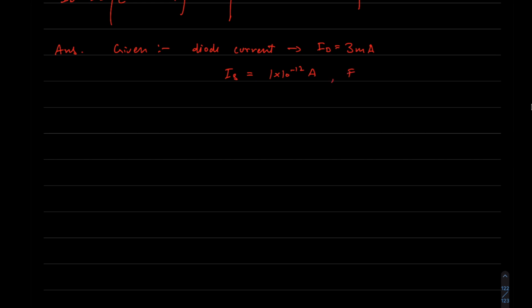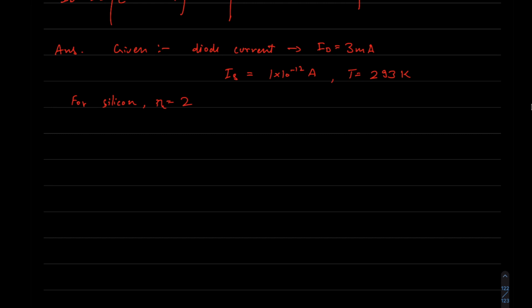Temperature is 20 degrees Celsius. You'll convert it to Kelvin, which then we'll get about 293 Kelvin, 273 plus 20. It's 273.15, but yeah, 273 is good enough. For silicon, we have eta equal to 2.